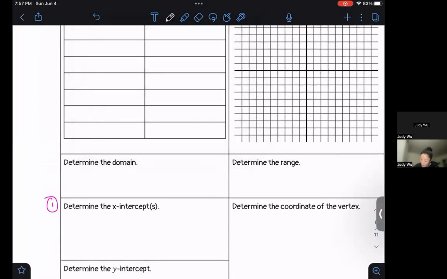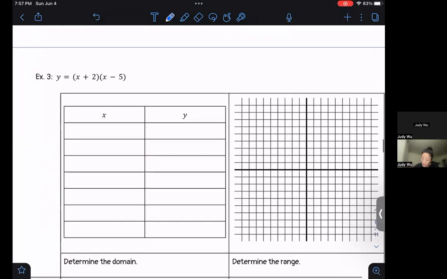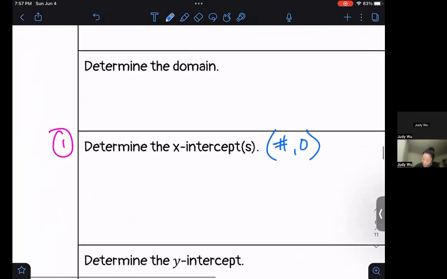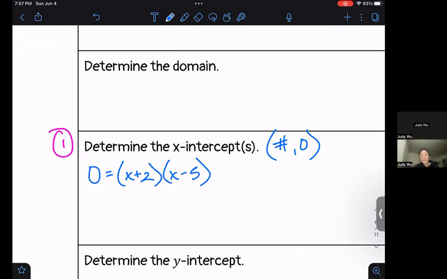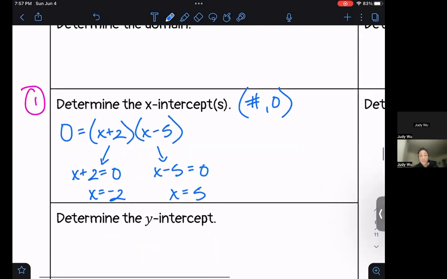Now, in order to find the x-intercepts, we know that it's a number, comma, 0, or the y is equal to 0. We're going to grab our equation, x plus 2 times x minus 5, and set it equal to 0. Now, each one of these, x plus 2 equals 0, x minus 5 equals 0, we really get x equals -2 and x equals 5, all right?